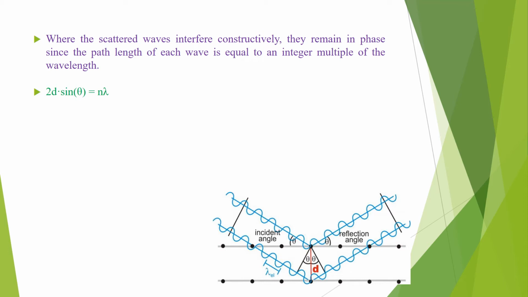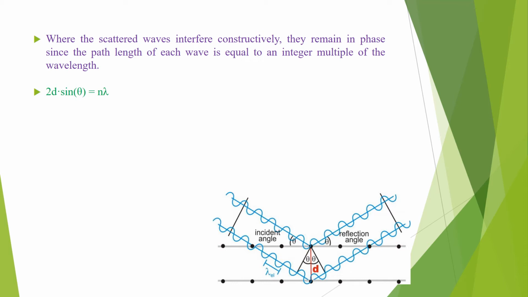The wave that is striking the plane under the first plane is traveling a distance greater than that of the upper wave, and this distance is equal to 2d sine theta, and we can get this distance from the wavelength difference.